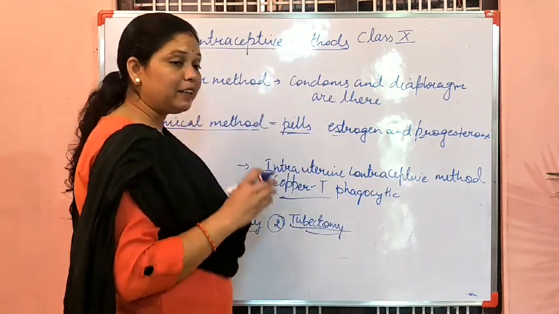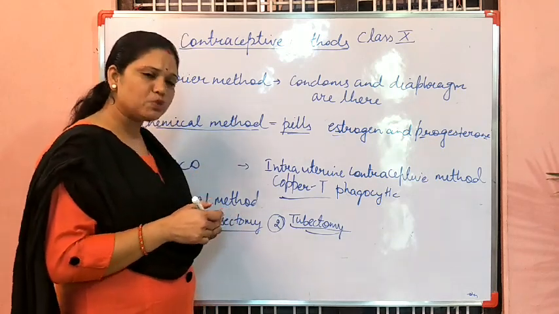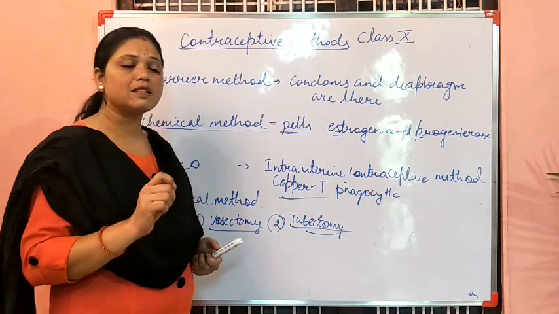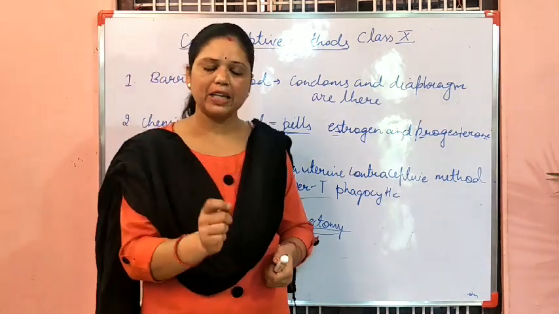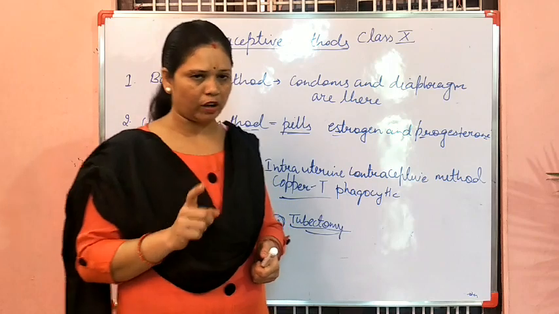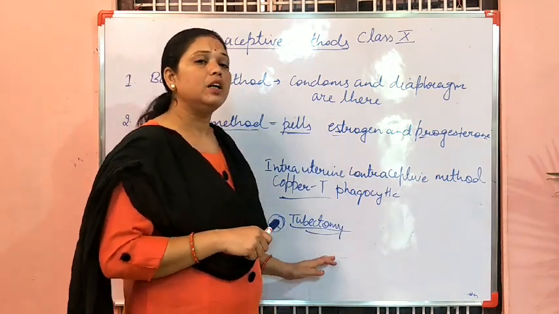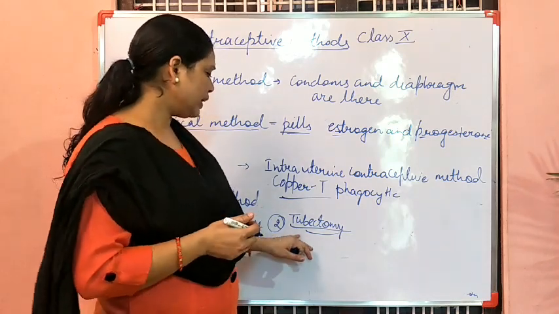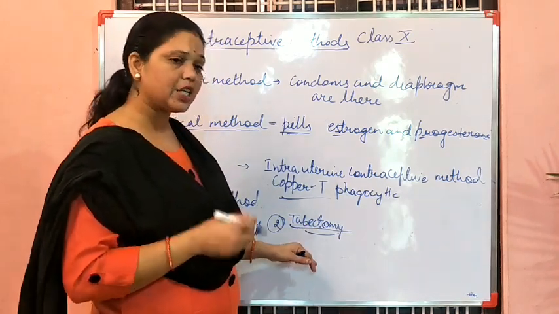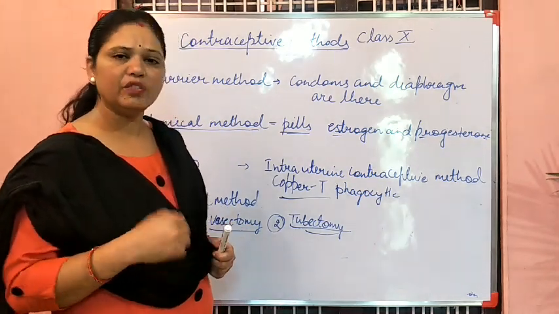Actually in vasectomy, a small part of the vas deferens is cut and then it is tied, and it can be done by making a small incision in the scrotum. And tubectomy takes place in the fallopian tubes, in the females, in which a part of the fallopian tube is cut and tied with thread.